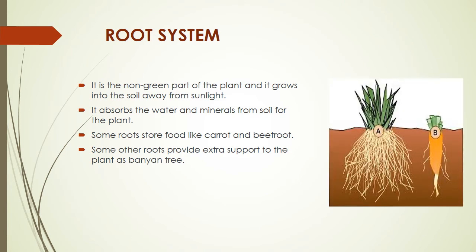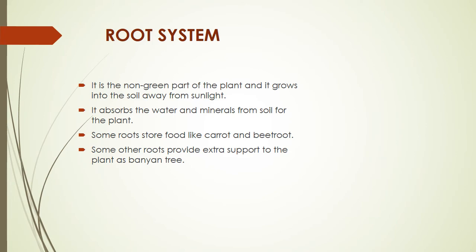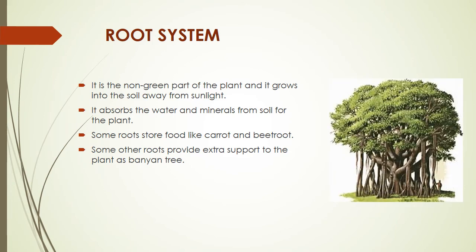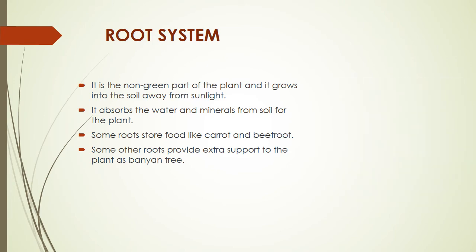And also there are some other roots that provide extra support to the plant, like the banyan tree. You can see the size of banyan tree is very huge. So the root of this type of tree provides extra support to the tree.